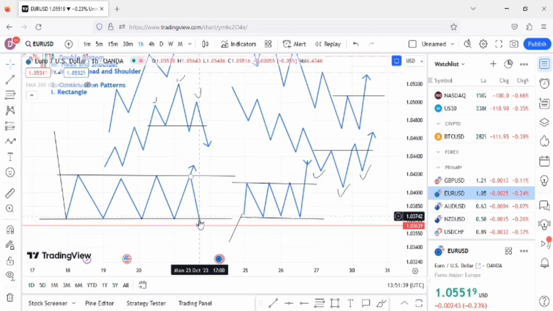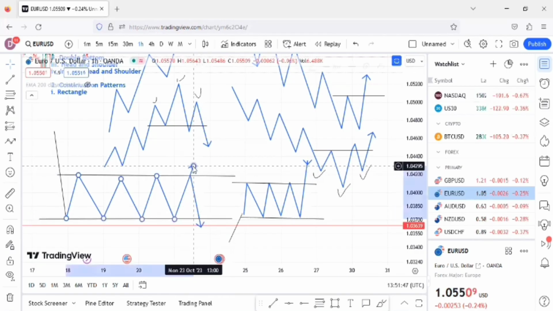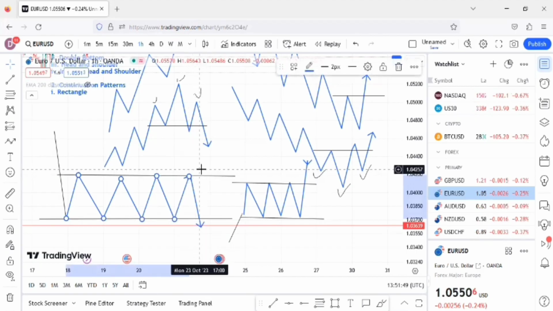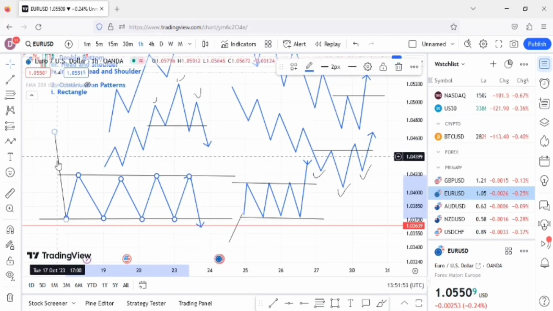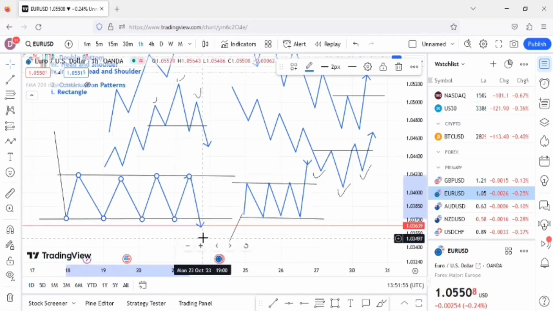As soon as the candle breaks and closes here, you enter your sell, and you put your stop loss above here. You're coming from a downtrend. Break, your entry, your stop loss.